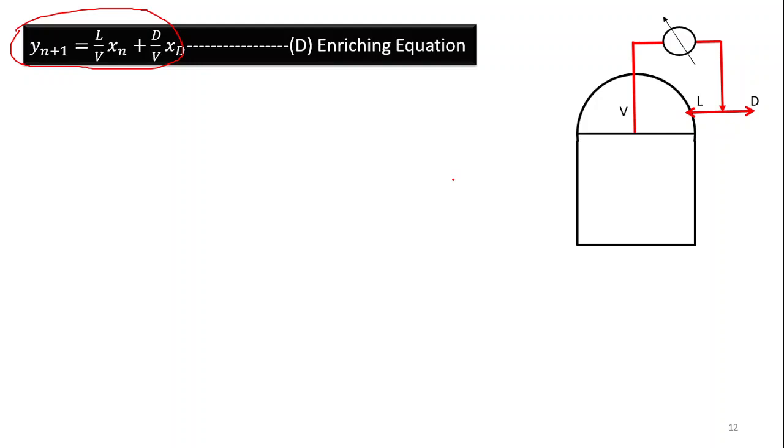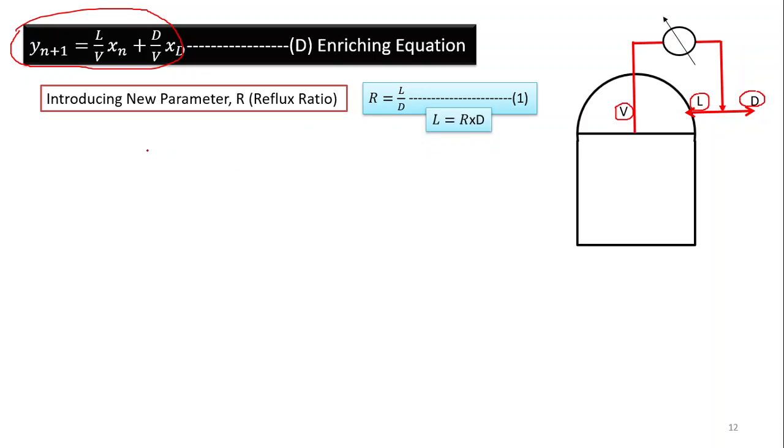Now come again to the diagram. The vapor leaving from the first tray goes outside to the condenser, is converted into liquid, and then is divided into two parts. One part is the distillate, and the other part, L, is the reflux. So V is divided into L and D, and we are going to use this concept.